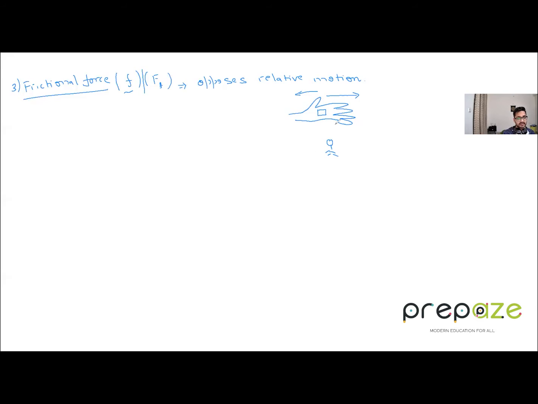The box over here is moving with your hand, isn't it? You're moving it slowly. So the box is moving with your hand. So this person who is standing sees that the box is moving, isn't it?